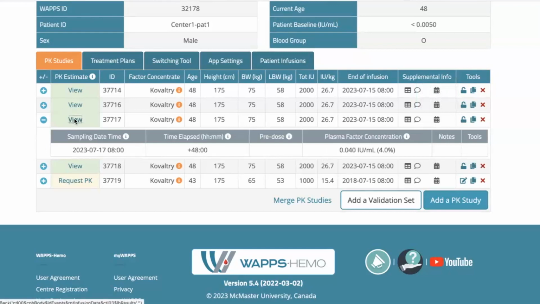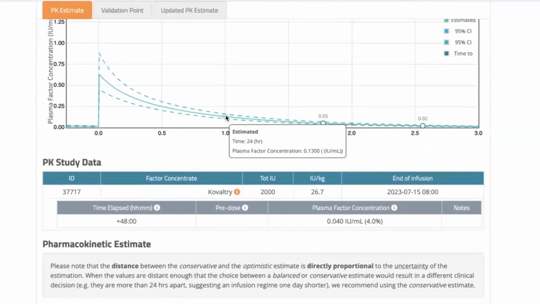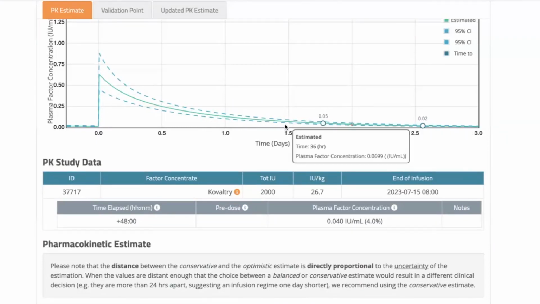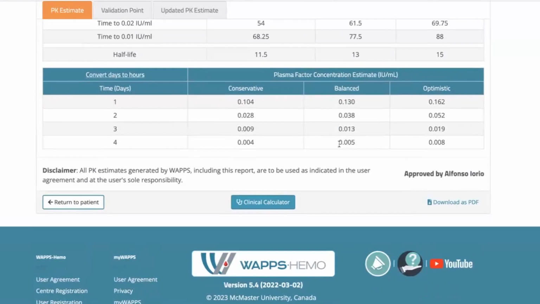Now look at the graph with only 1 point, but a late point. Now the graph is very narrow for the tail of the curve. 12 hours, 24, 36, 48, very narrow. The estimate of the concentration at 3 days is really narrow. It is 1.3% best guess, 0.9 to 1.9, very close to before, when it was 0.9 to 1.8.